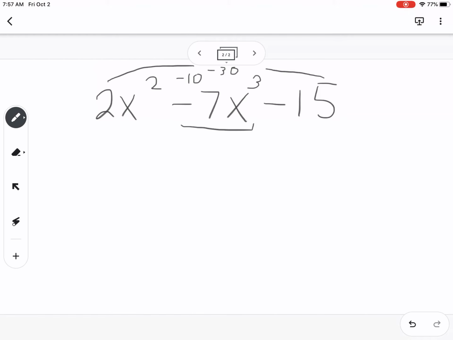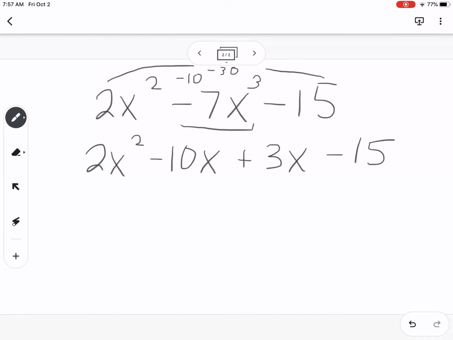Okay, so now I'm going to rewrite this as 2x squared. And now I'm going to use my two numbers that negative 7x breaks up into. So I'm going to write it as negative 10x plus 3x minus 15. So by doing that, now I can group the first two terms and I can group the last two terms.